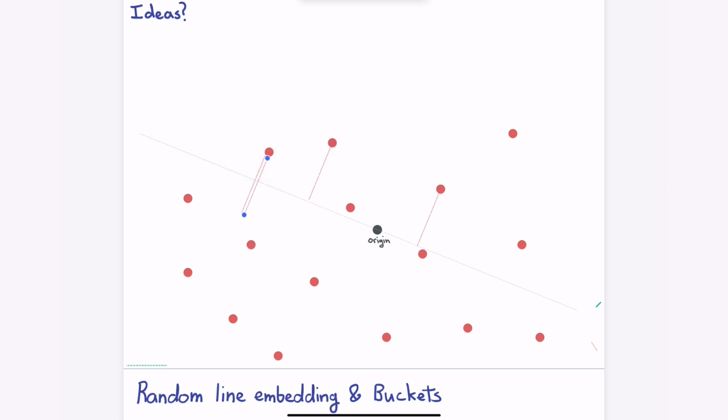Oh, I'm really struggling, sorry. Okay, so you get the idea. So I can project everything onto the line. And then what? Now I have everything on a line. Oh, I can try to build a quad tree over this or something. I mean, a binary tree.